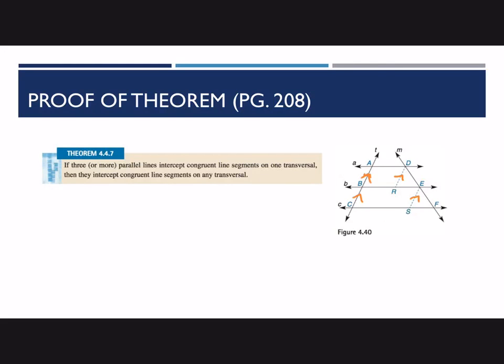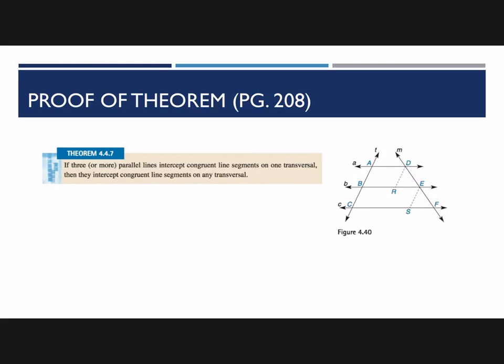So then what we've formed is a couple of parallelograms. We've got parallelogram AB, RD, and we've got parallelogram BC, SE. Because remember that we already showed that these three lines are parallel. That was part of the given information. So now what do we know about parallelograms?